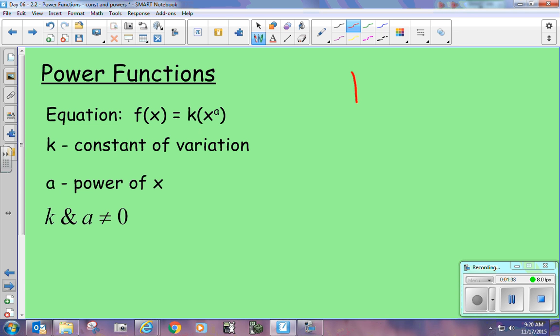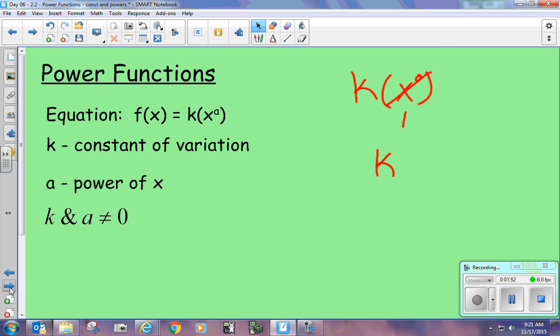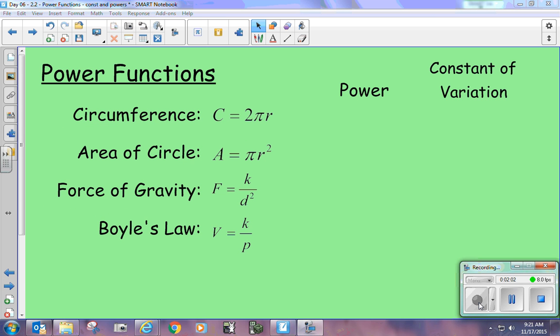If I had k times x to the 0, it would equal k. Anything to the 0 power is 1, therefore it would just equal k. We'd have no variable again, would we? All right? So, our power functions have some constant times our variable raised to an exponent, where our constant and exponent both cannot be 0.